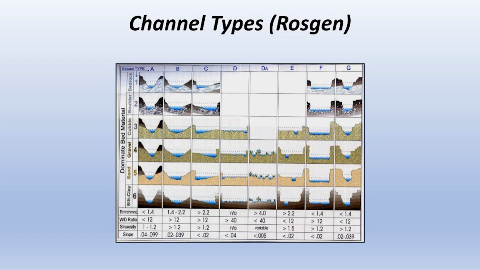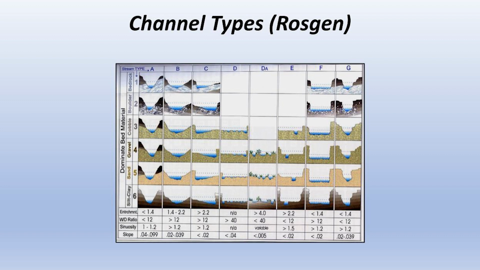You go out, you can visually assess a reach, then pick the typical riffle portions of that, do your quantitative measurements there, make sure your channel types are good, and then you can start looking at dividing those channel types out into roughly what are going to be relatively stable channels versus those channel types that are not. And here, A's, B's, and C's are relatively stable channels for the most part, and then the F's and the G's are not.